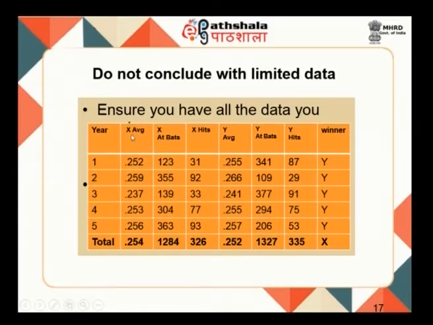Say you have person X's average, how many runs were scored by that person, how many matches were played by that person, etc. For each person we take the total of their averages and batting scores, all these parameters are averaged, and finally we can find that person X has a higher average when compared with person Y.